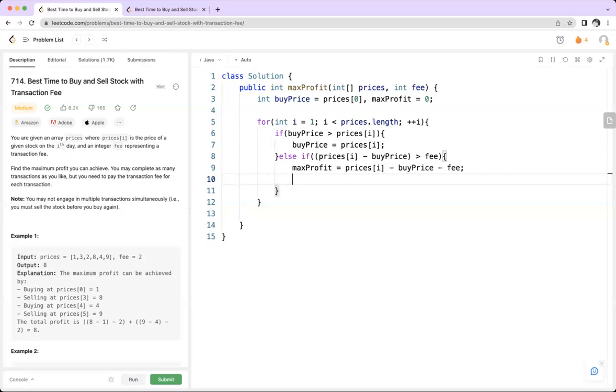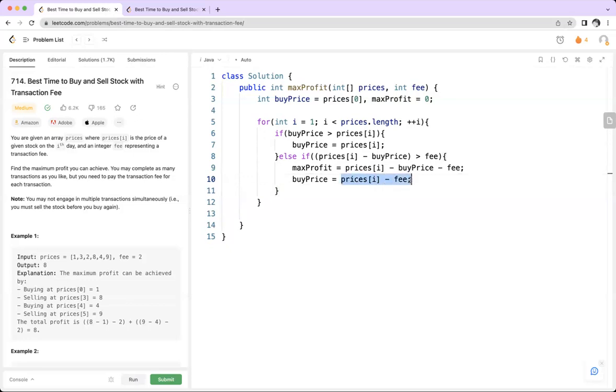Now this is the profit that we get: prices of i minus buy price minus fee. But the actual liquidity that we have is prices of i minus fee, and this liquidity we can use to buy further. So this we can set as our new buy price.